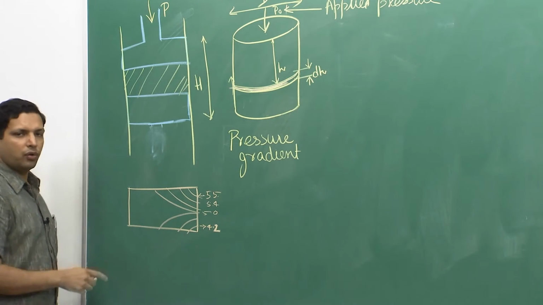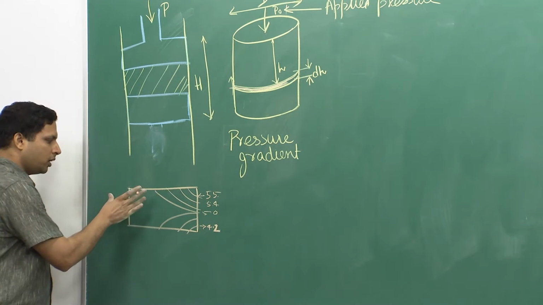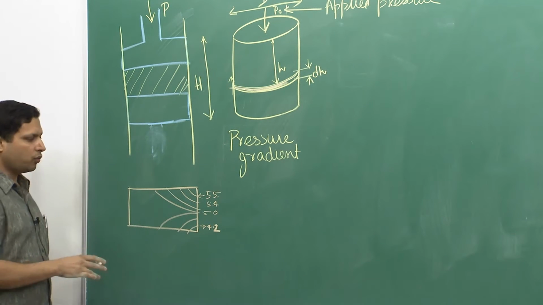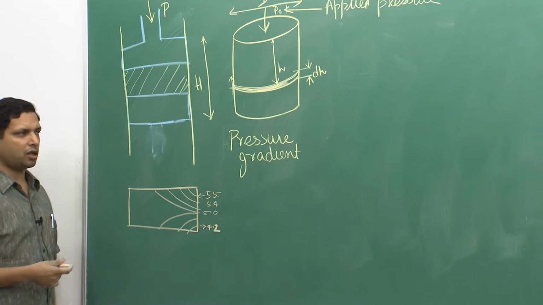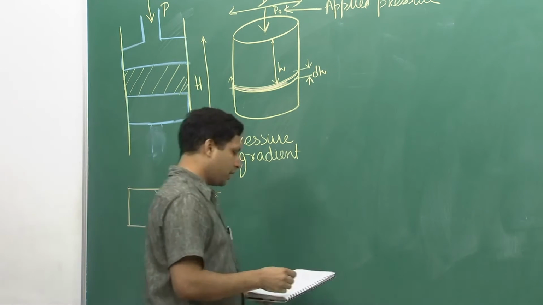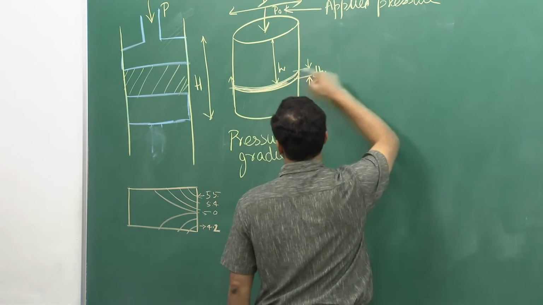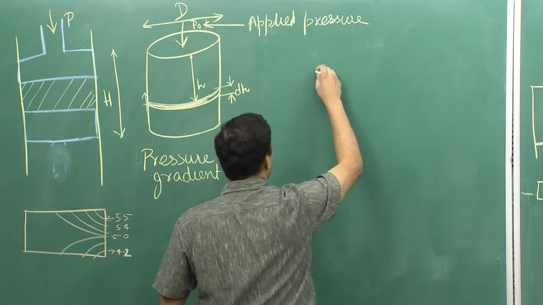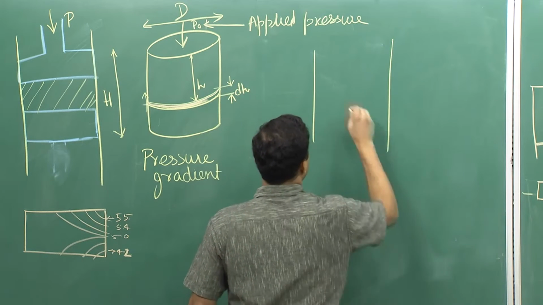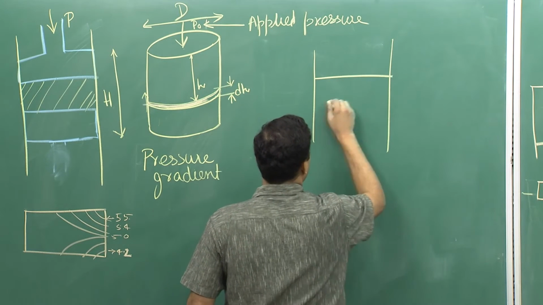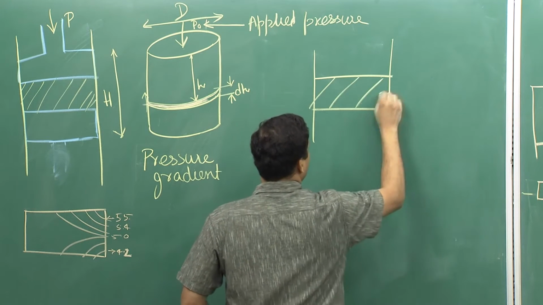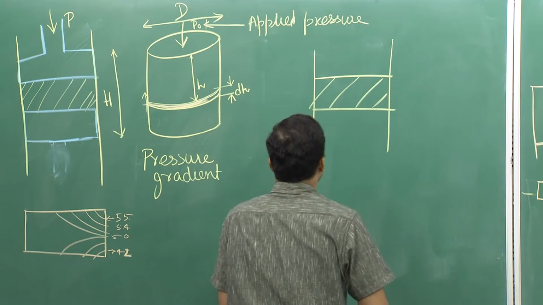However, if you take the same dimension and you want less pressure distribution and less density distribution, there is one way, and that is to use a double ended piston. So, this is a single ended piston. Now, this is the compact that you want to use.